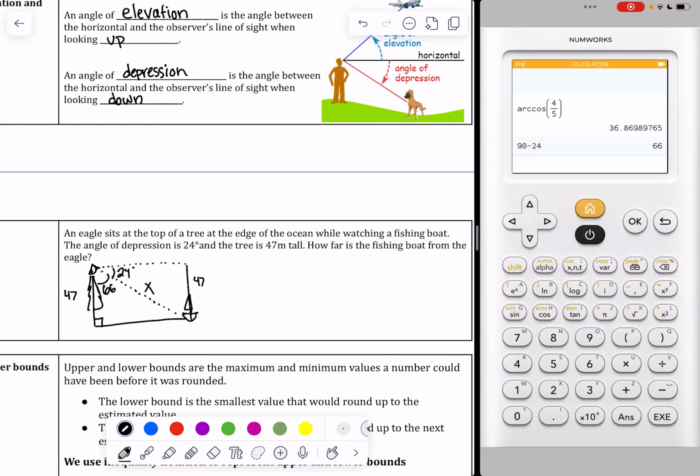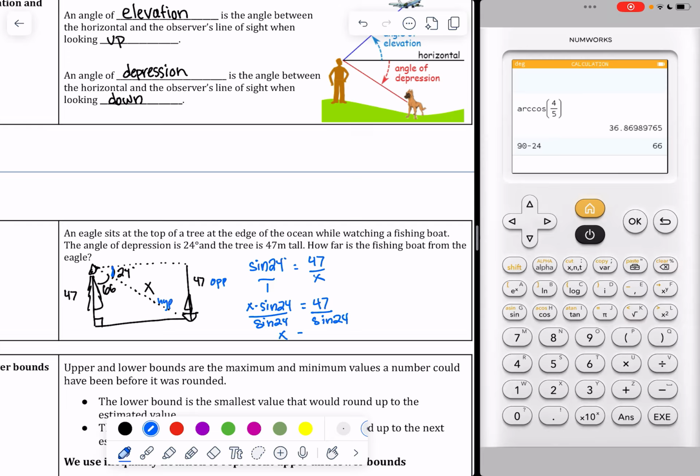So if we use 24 degrees, we've got the opposite and the hypotenuse, so that would be sine. Sine of 24 degrees equals opposite 47 over hypotenuse x. Again, we can set this up by cross multiplying, so we'd have x times sine 24 equals 47, and then we will divide each side by sine of 24.